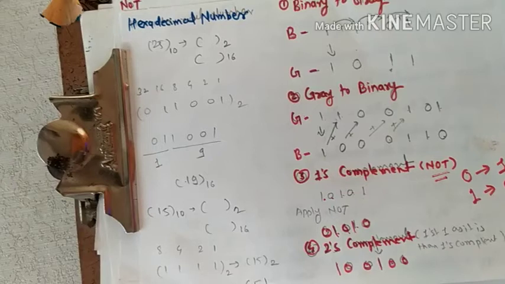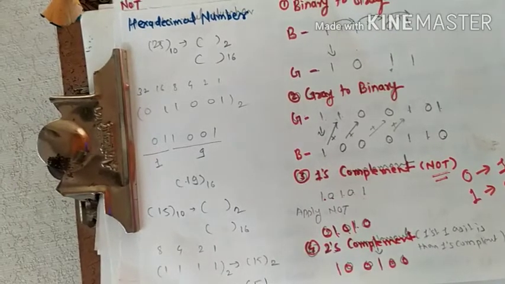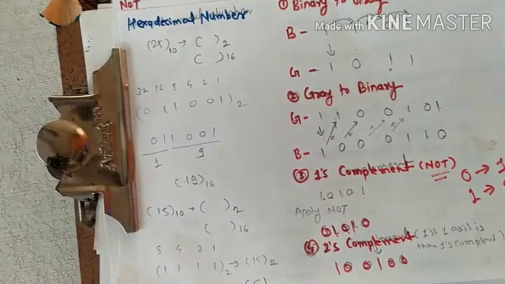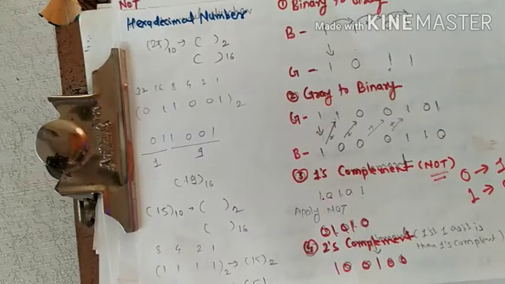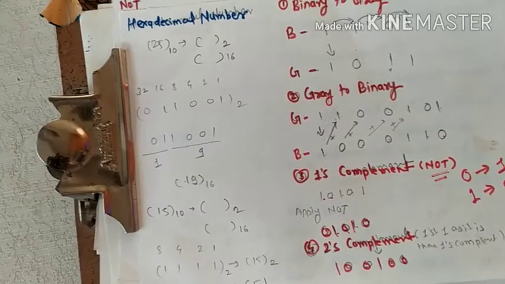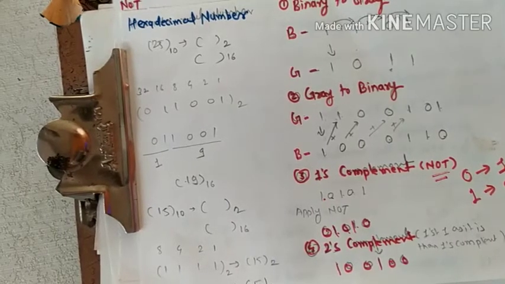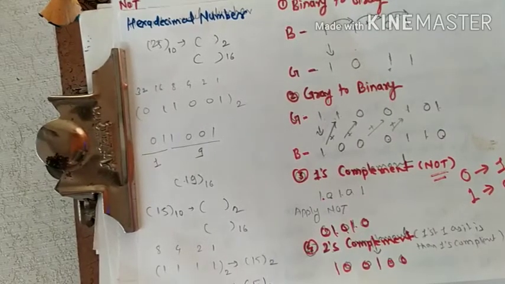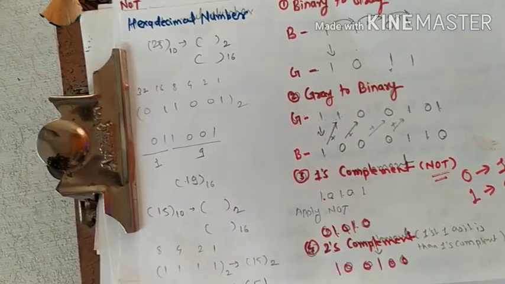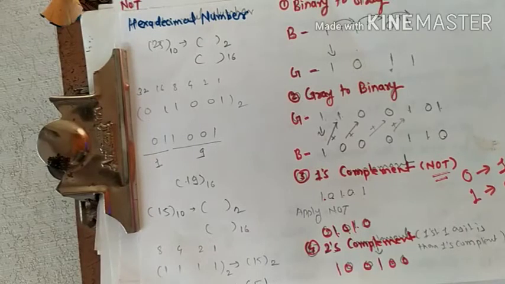So you have to prepare both conversions and understand what binary code and gray code are. Gray code, binary code, 1's complement and 2's complement are used for encoding and decoding purposes in information or data processing systems.